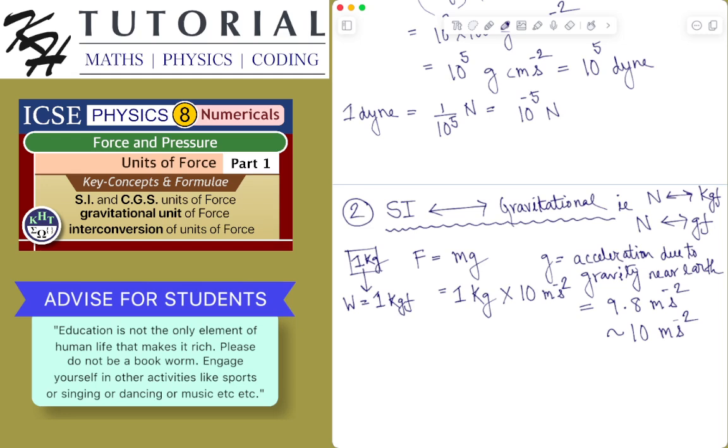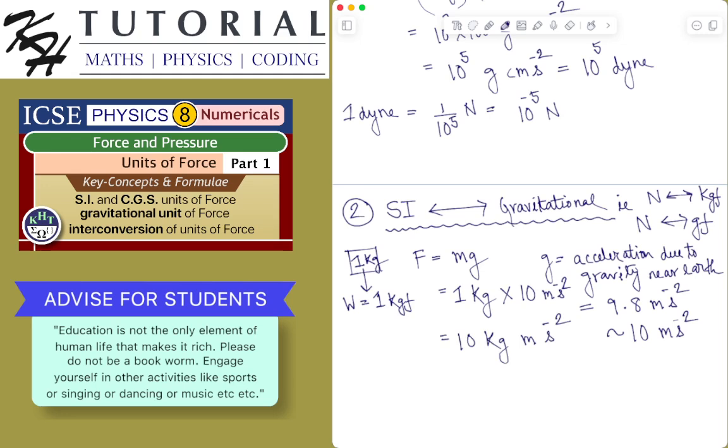So if I put g as 10 meter per second square and the mass as 1 kilogram, this becomes 10 kilogram meter per second square.